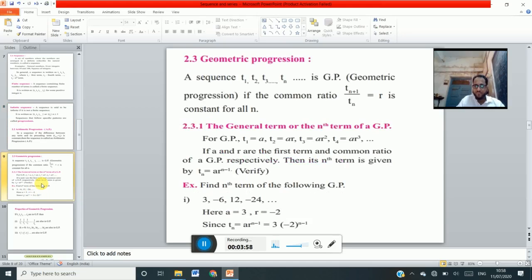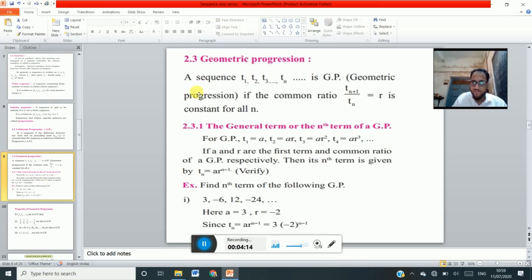then second is geometric progression. Again we know t1, t2, t3, what are these? These are the terms of the progression or the sequence. t1 is the first term, t2 is the second term, and so on.